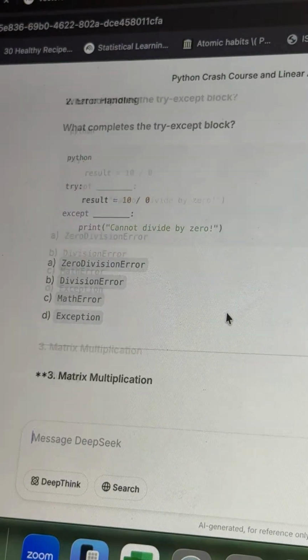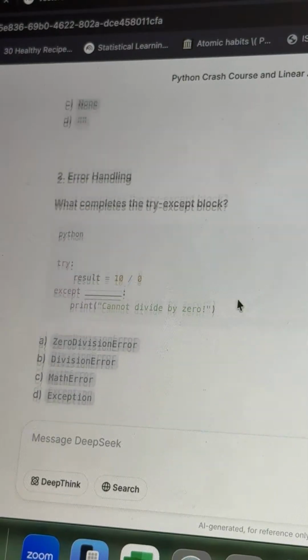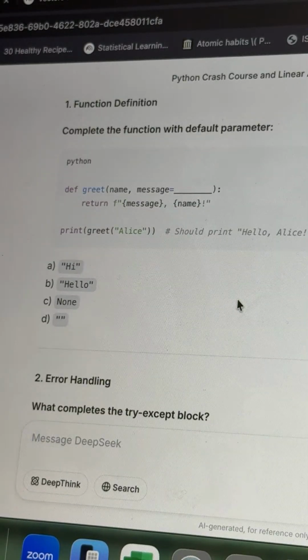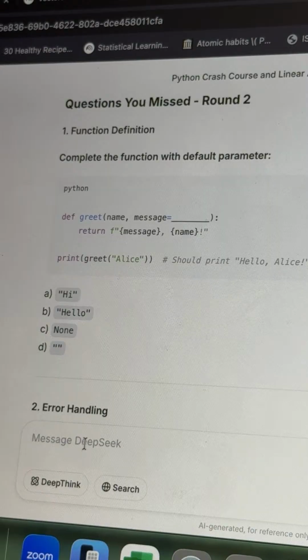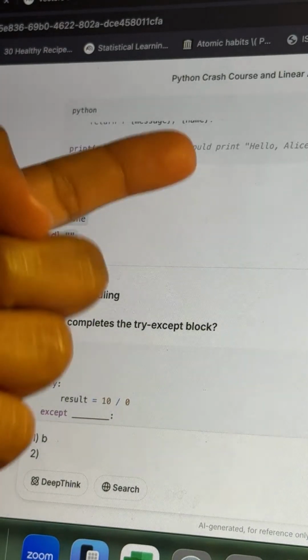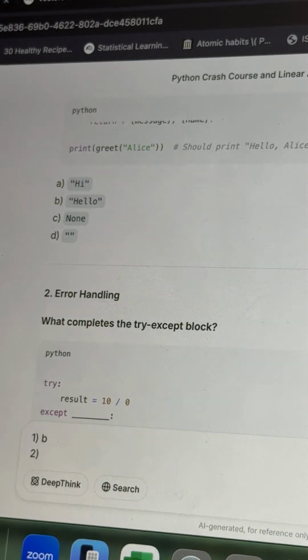So I got this one wrong. I put the real message of hi. It should print hello Alice. I put hi. Why did I put hi? I didn't even read that. Okay, so that was a rookie mistake. Also because it's kind of transparent. Those and the ones you may have felt really unsure about. That's true. That's a good point.